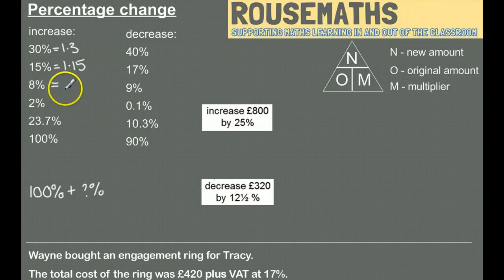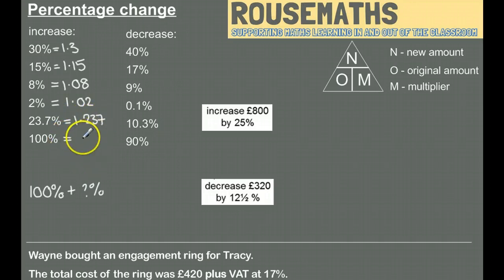If we're trying to represent an 8% increase, well, we've still got our original 100%, but then we've got 0.08 on top of that, the 8% increase. For 2%, we're looking to use 1.02. For 23.7%, we're looking to use 1.237 as our multiplier, 100% with 23.7 added on.